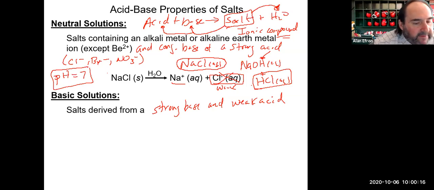So for example, if we take the salt sodium acetate, this sodium acetate really breaks apart into two things. It breaks apart into a sodium ion and an acetate ion.